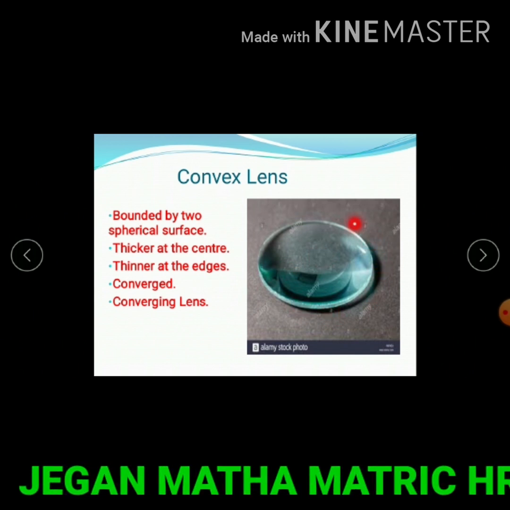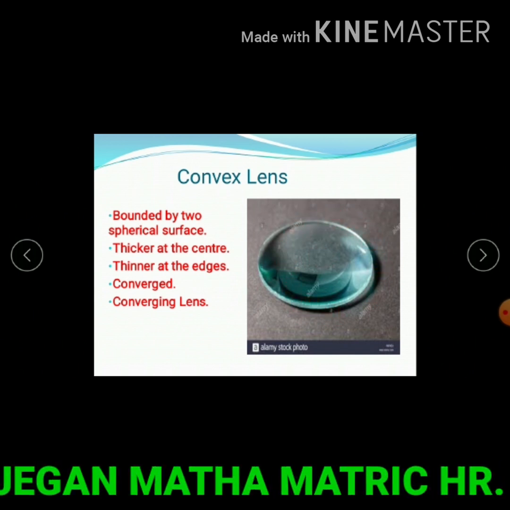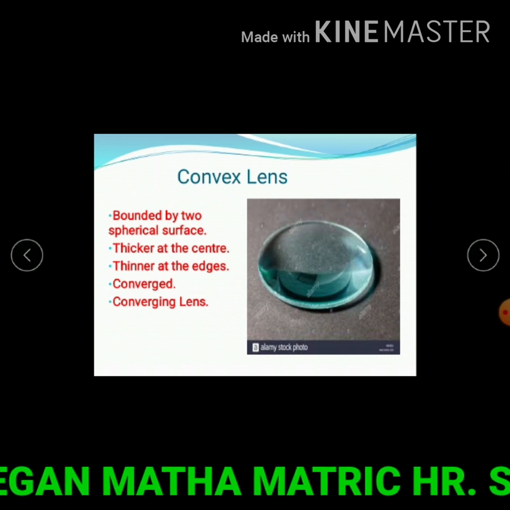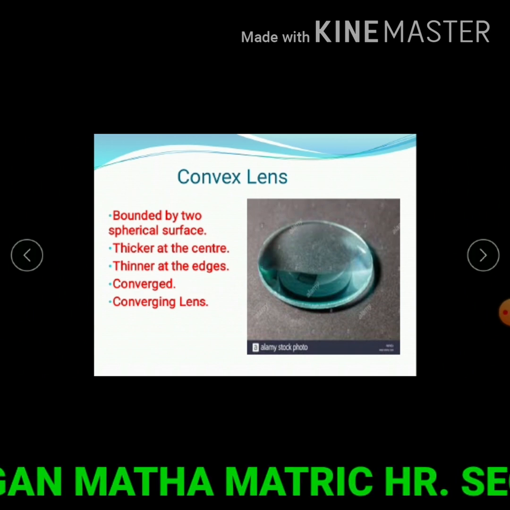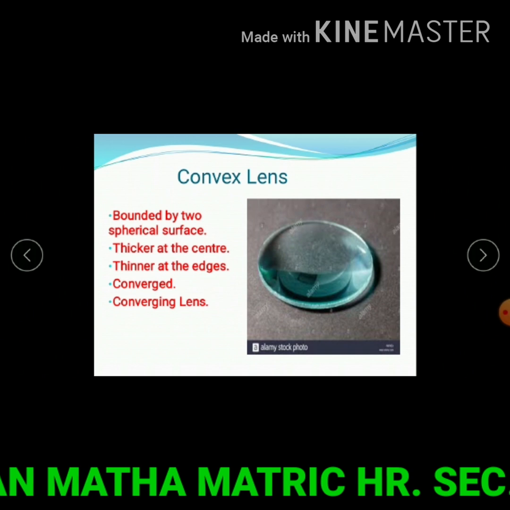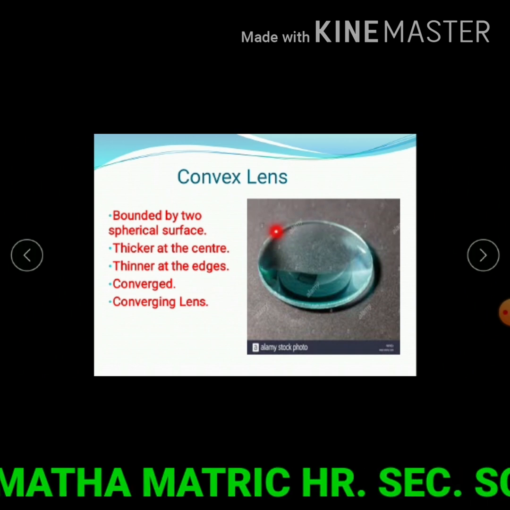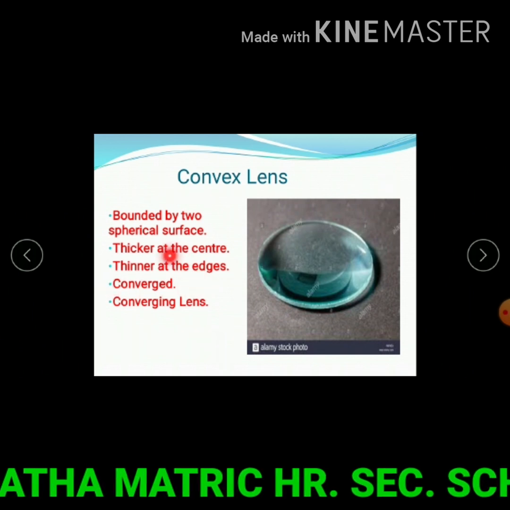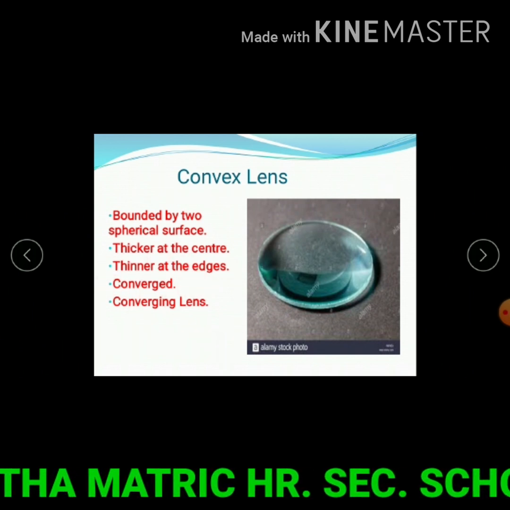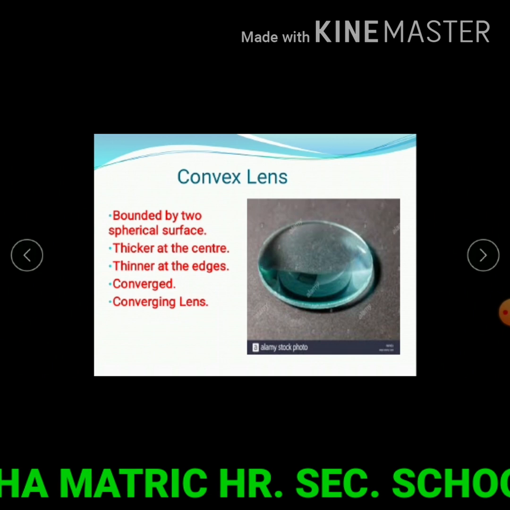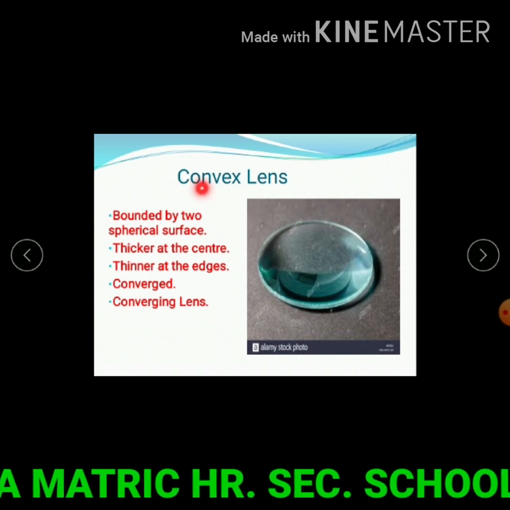This convex lens converges all the light rays to a point. So a convex lens is also called a converging lens. Why is it called a converging lens? Because it converges all the light rays that pass through it. Once again, what is a convex lens?